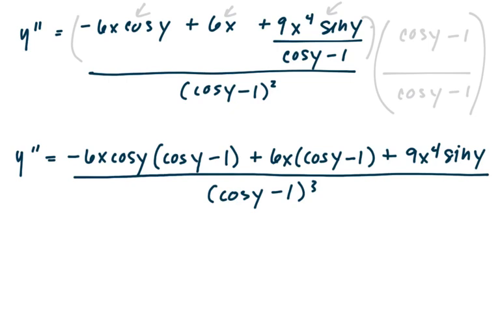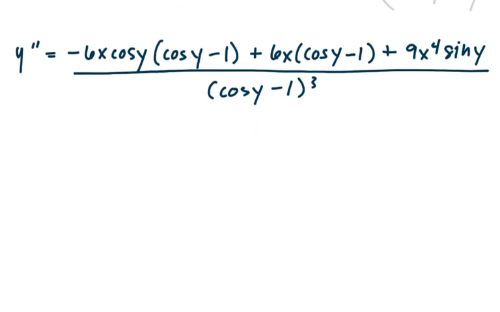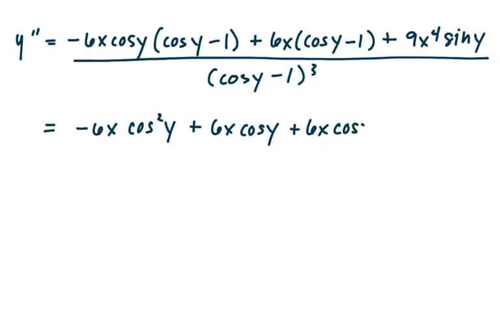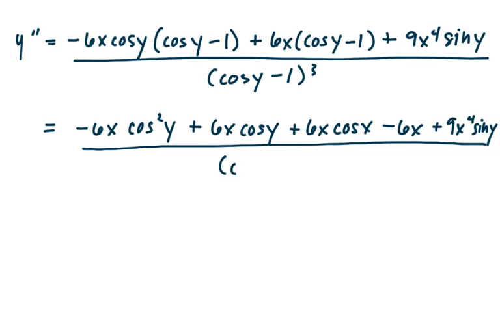Okay, so that's the tricky part to see what to do. And now it's just a matter of distribute, clean up, combine any like terms as necessary. So I've got negative 6x. I'm distributing here. I've got cosine squared y plus 6x cosine y plus 6x cosine y minus 6x and plus 9x to the 4th sine y all over the denominator squared, or cubed now.